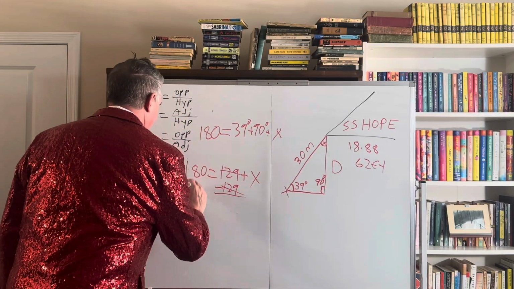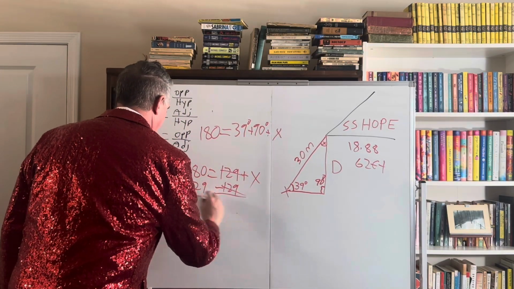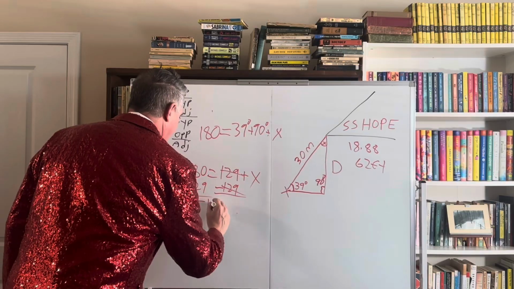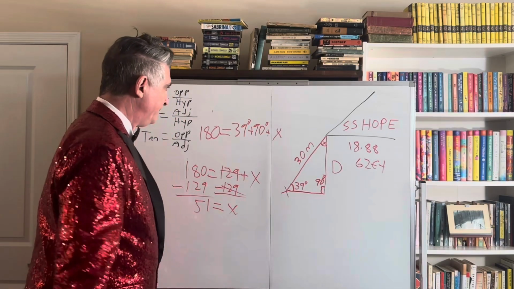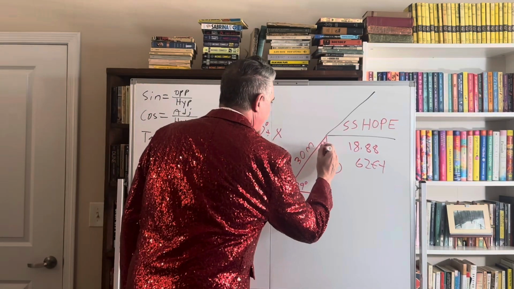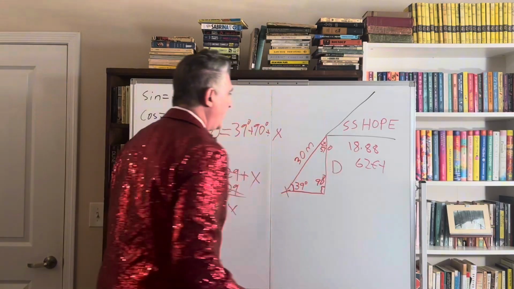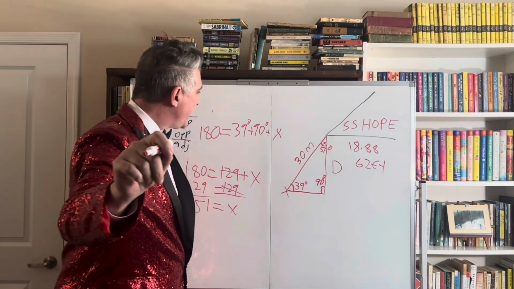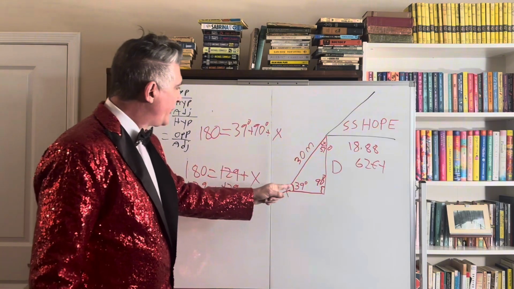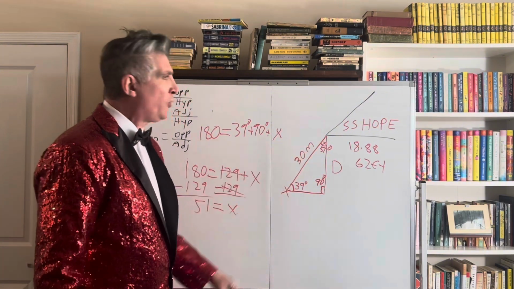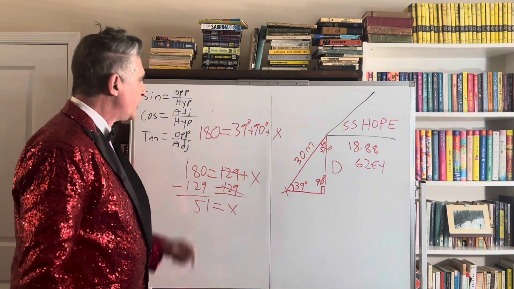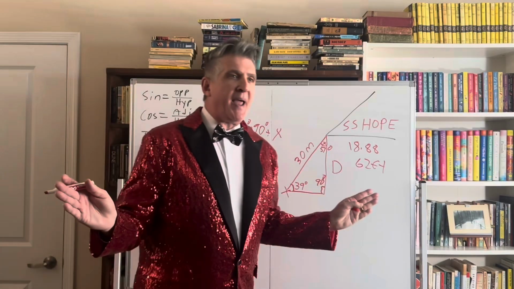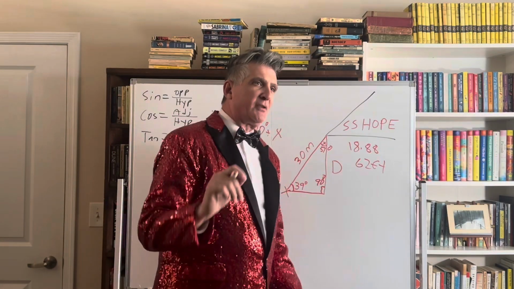And let's take 129 away from 180, leaving us with 51 equals x. And it looks like this degree here is 51 degrees. I apologize for my handwriting, but we could add up the 39 and the 90 and the 51 to double check our work to make sure it comes up with 180. But you know Matt Mayhem, he never makes a mistake, so I don't have to check it, but you might have to.